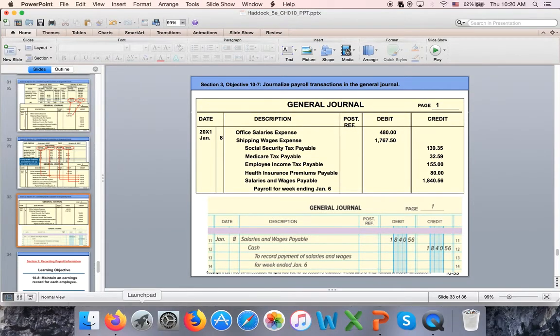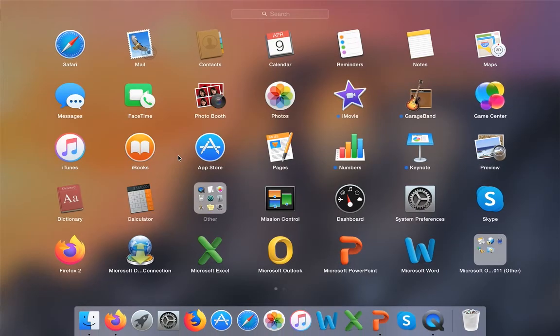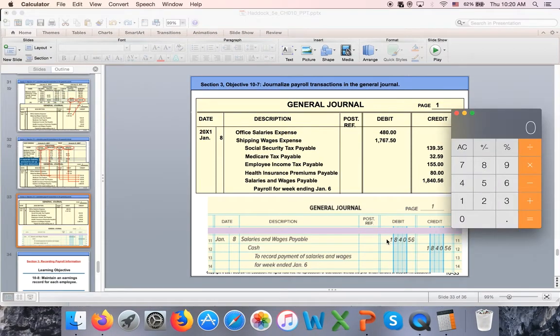let me show you a calculator. So 480 plus 1,767 and 50 cents. This is gross pay multiplied by 6.2% gives you Social Security.